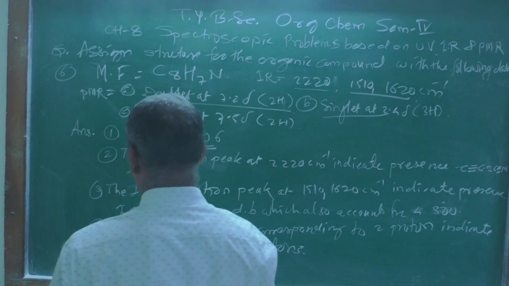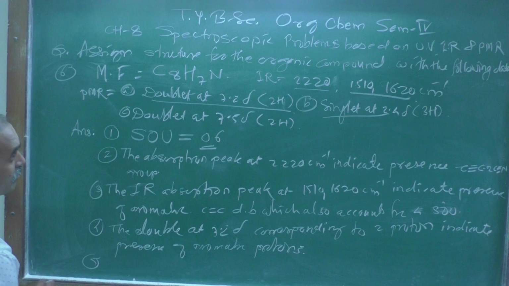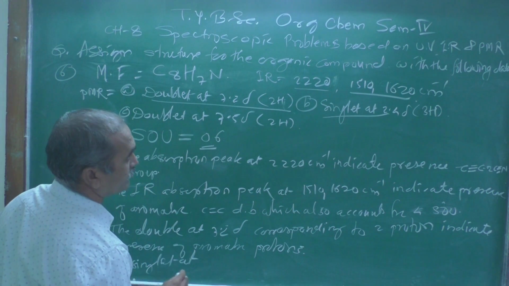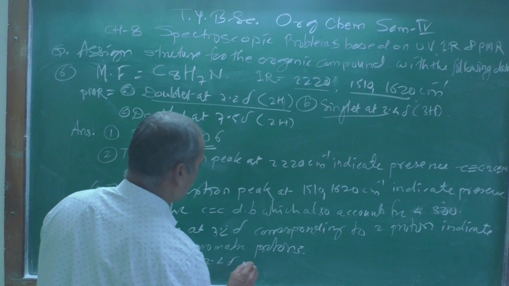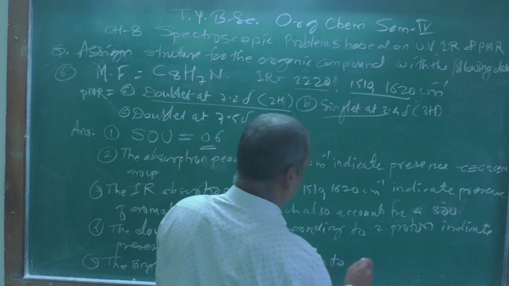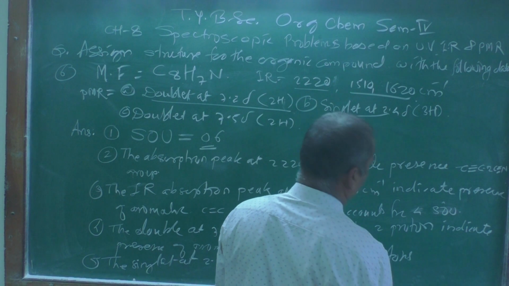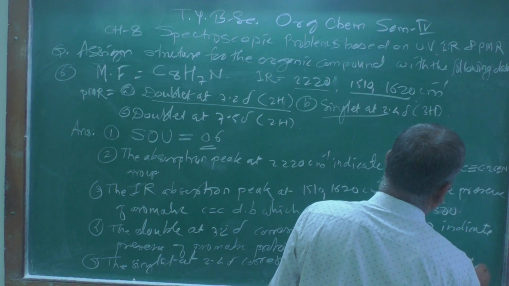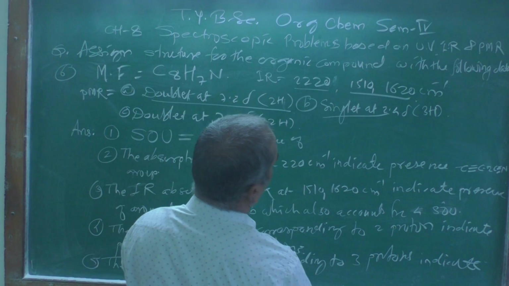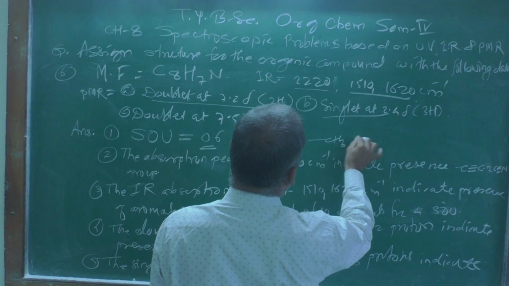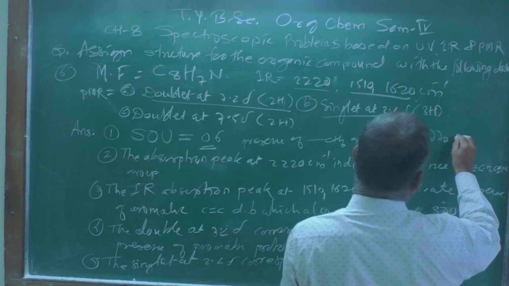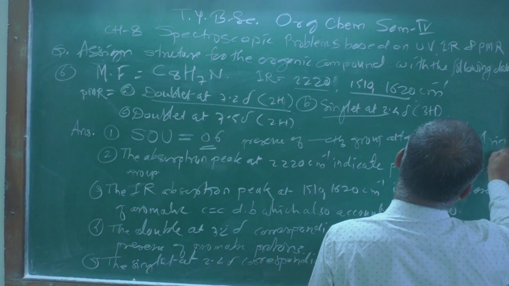Look here, singlet. Fifth point: the singlet at 2.4 delta corresponding to 3 protons indicates the presence of a CH3 group attached to a phenyl ring.